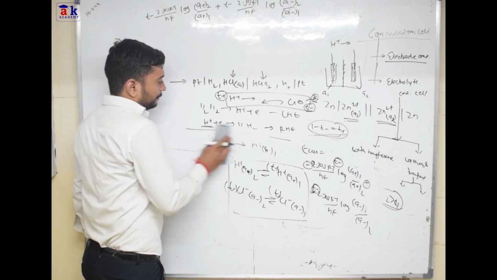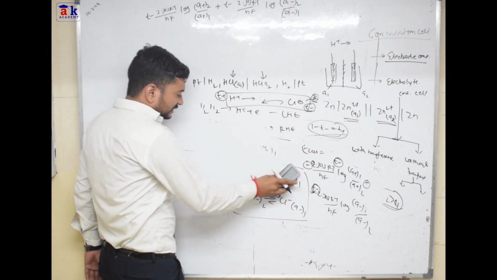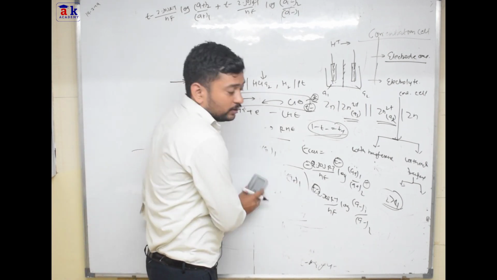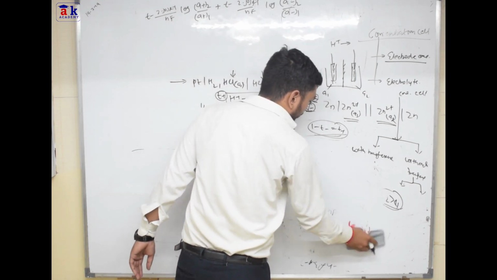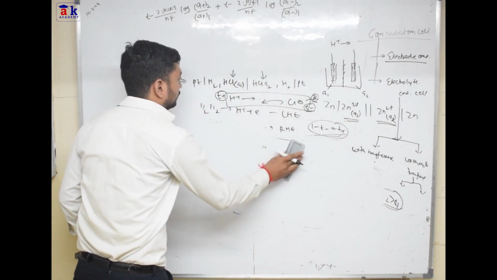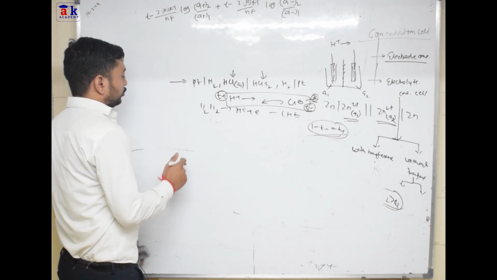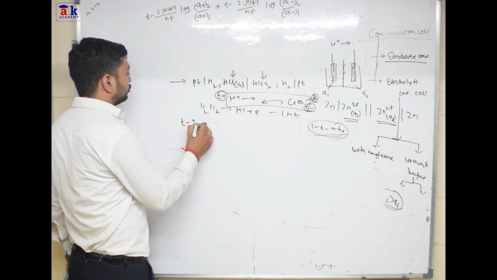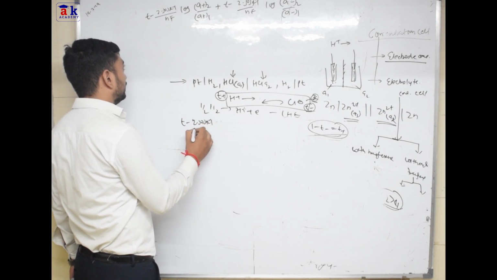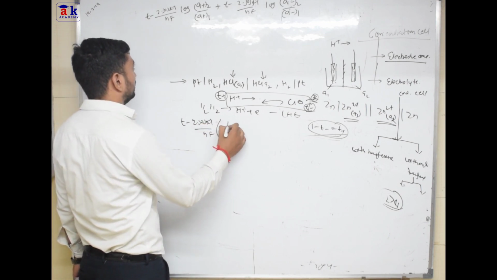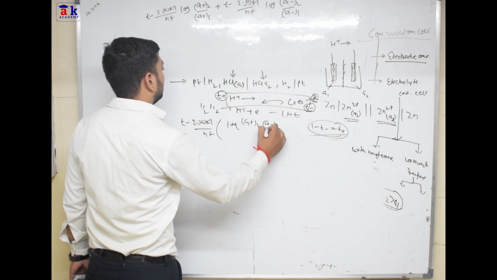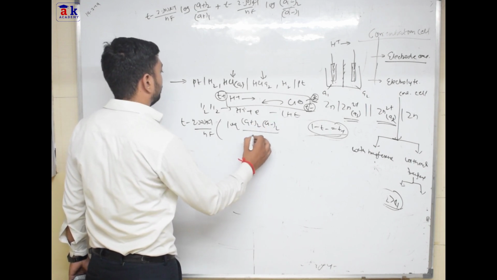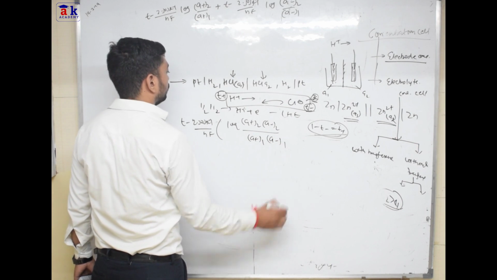Now let's see what will happen next. In the next part, we will take common T minus 2.303 RT upon NF, and this will become log A plus 2 A minus 2 divided by A plus 1 A minus 1.